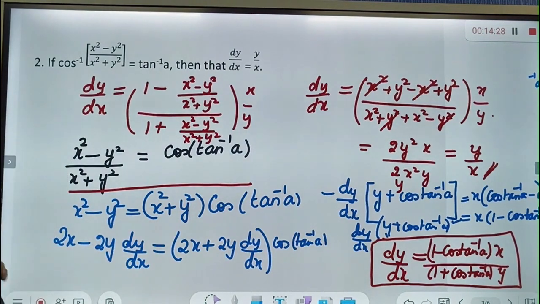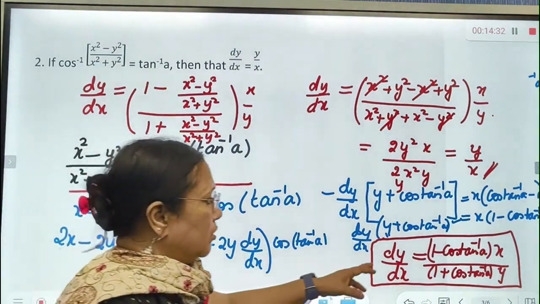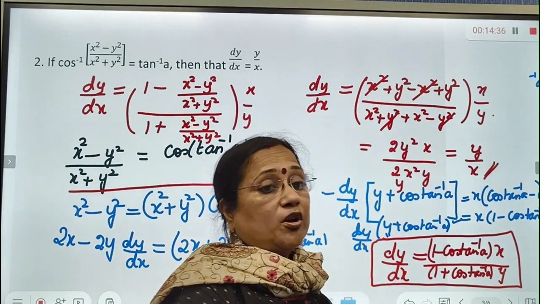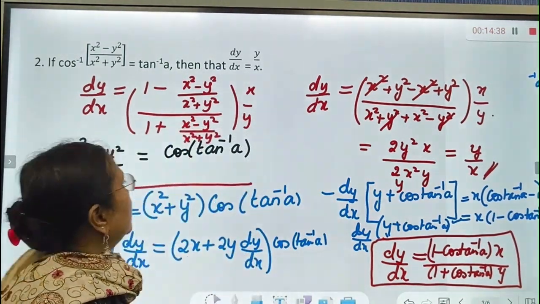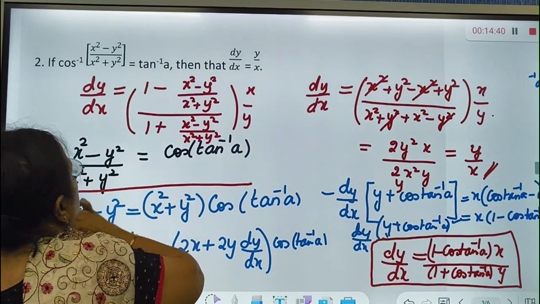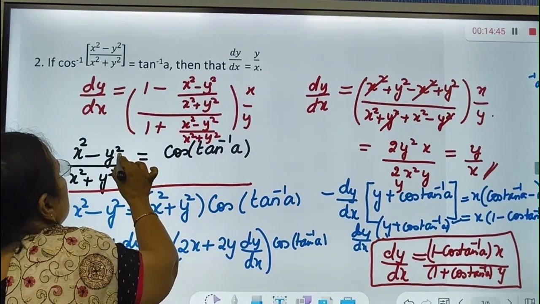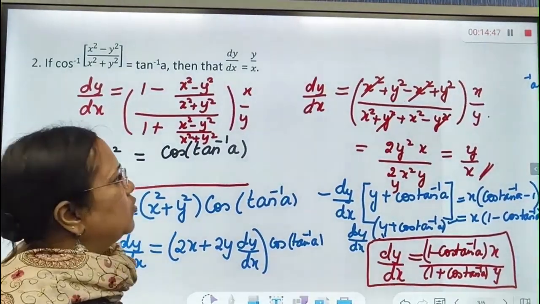Okay, but we need to prove dy by dx is y by x. That means we have to get rid of cos of tan inverse A by rewriting it in terms of x and y. How do we do that? Look at our second step. This was our second step. Cos of tan inverse A is nothing but x square minus y square by x square plus y square.